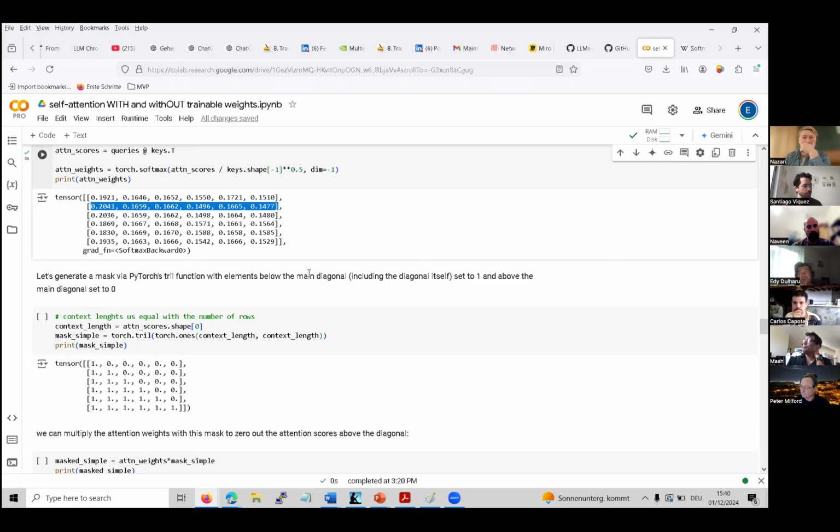I'm not sure if I get right what you meant, Carlos. Yeah, what I'm saying is that, as has been mentioned, we are hiding the upper part of the matrix, because it's the one that contains the future tokens.